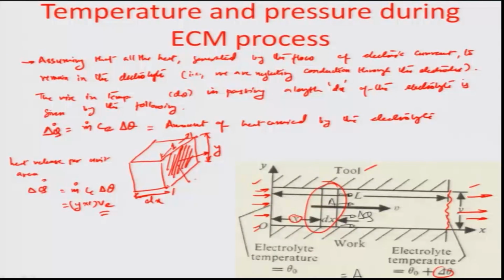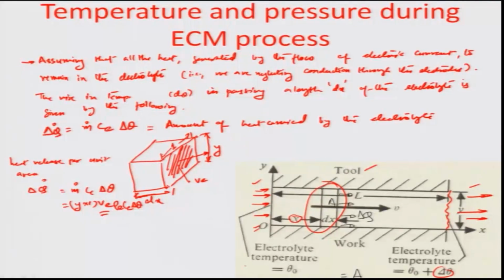Let us assume the electrolyte is flowing at a constant velocity V e, times the density of the electrolyte rho e times specific heat capacity times delta theta.